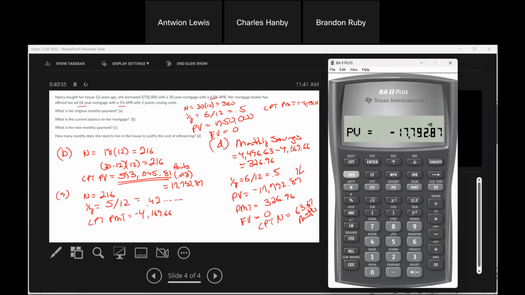And then, so now I've got it set up, and you can use the new rate. It's just not as conservative. So 6 divided by 12 is 0.5.